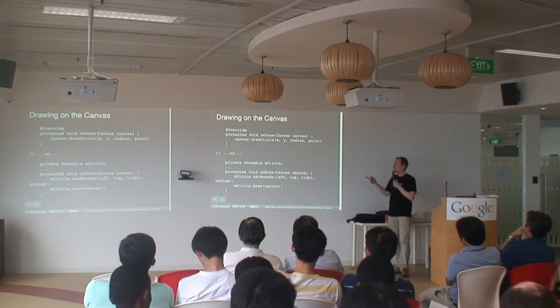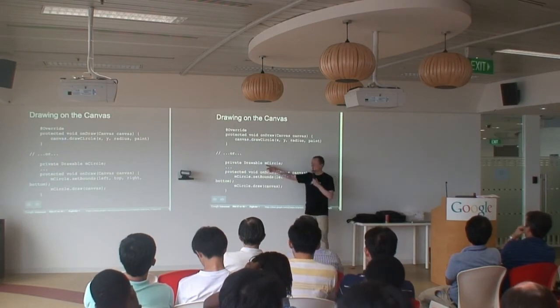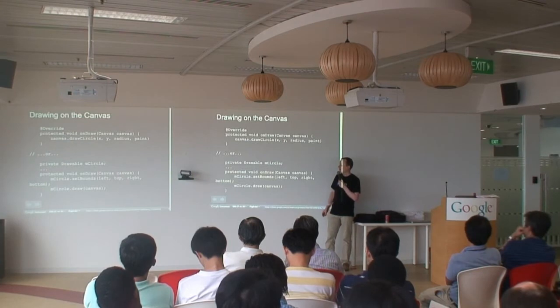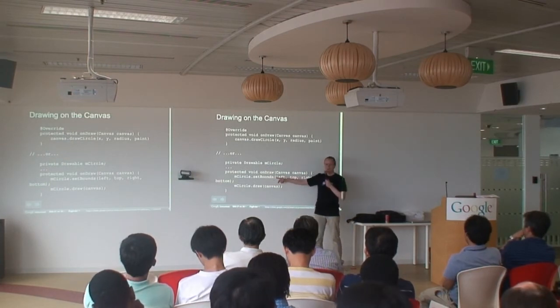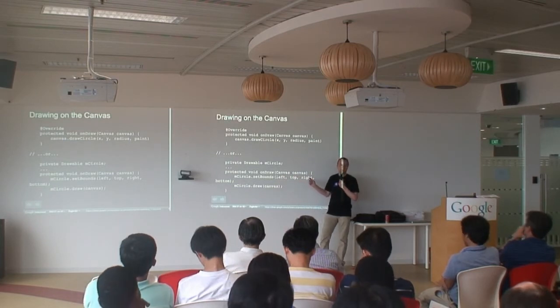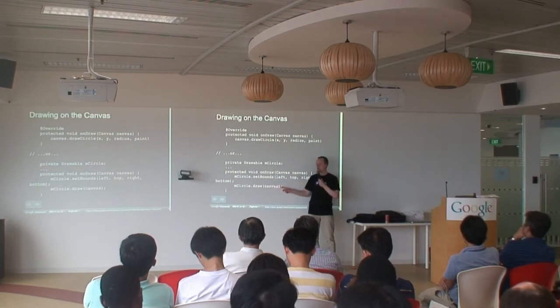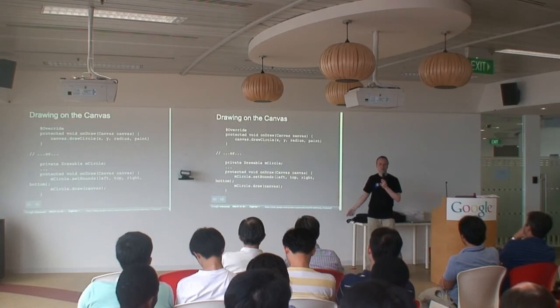Or we can define a separate object, type Drawable or one of the subclasses. And then we just call setBounds to position and set the size of the object. And then we call the draw method and we pass the canvas object to the object, and it will draw itself on the canvas.